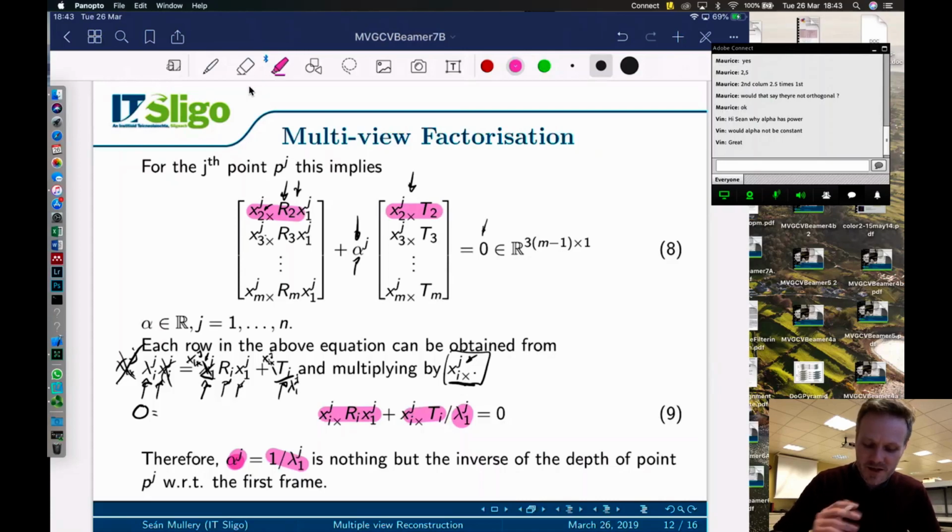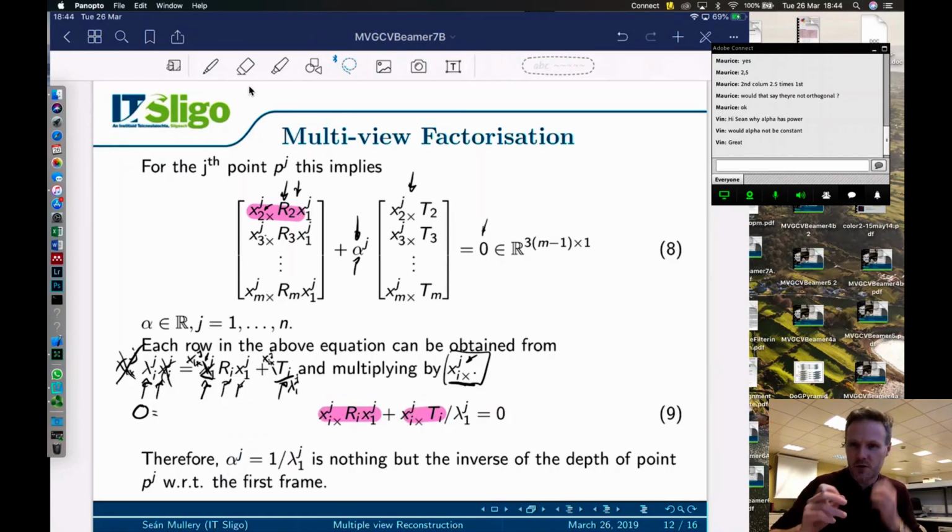So what this tells us is that the dependence between these two things is related to the distance to the 3D point from our first frame. That's useful because whether we're going one way or the other, we should be able to solve some piece of information with that.